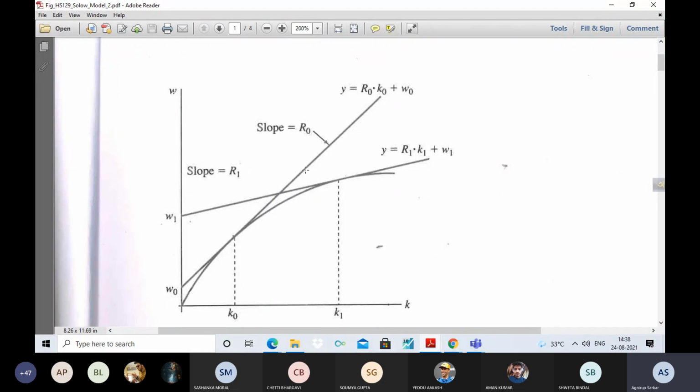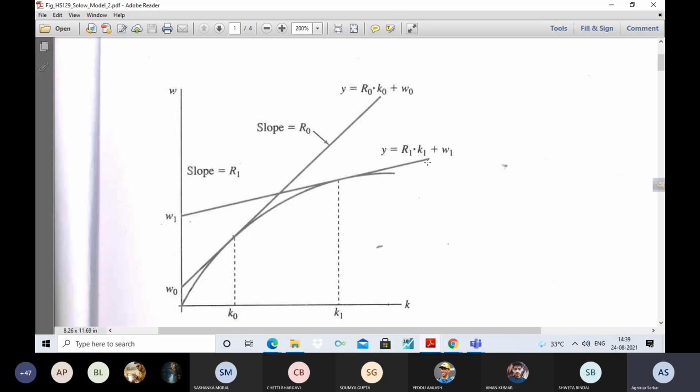So what we are seeing is that as K increases during the transition, from K0 to K1, the slope of the tangent straight line falls. There's a decline in the slope from R0 to R1.